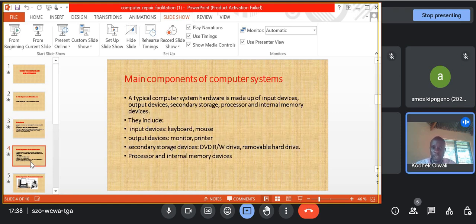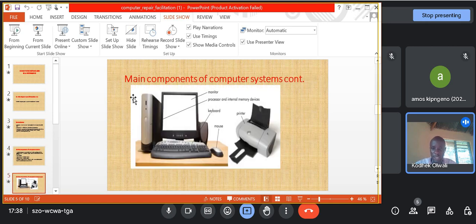So the main components for a typical computer system will include the input devices, the keyboard and the mouse. Output, we have the monitor and the printer. The secondary storage devices, we have the DVD drive and the removable hard drives. And lastly, we have the processor and the internal memory devices.